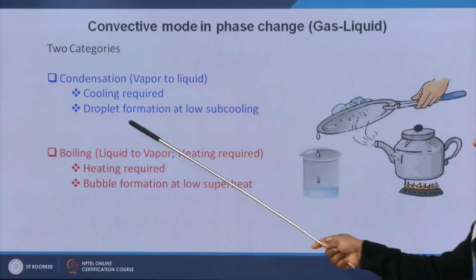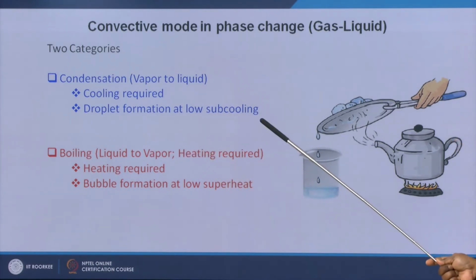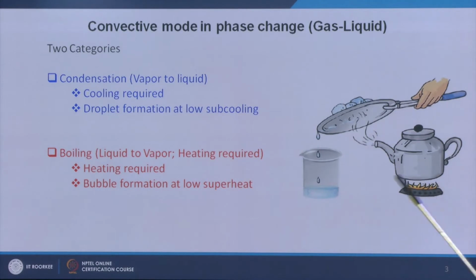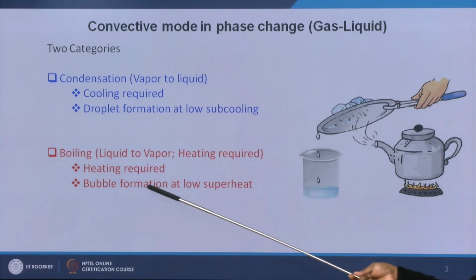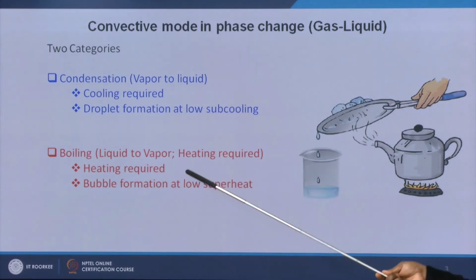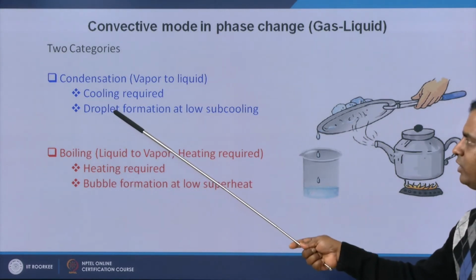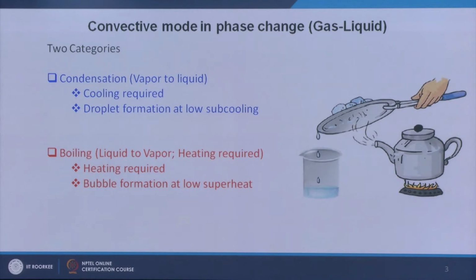So, droplet formation can be observed at low subcooling, whereas in boiling, bubble formation can be observed at low superheat. Individual bubbles and individual drops can be observed in boiling and condensation respectively at low superheat and low subcooling.